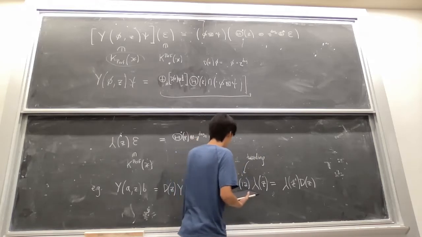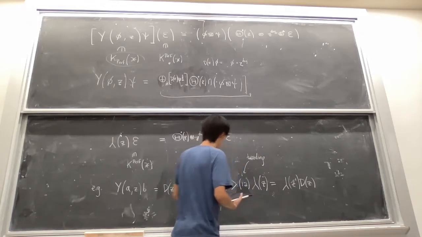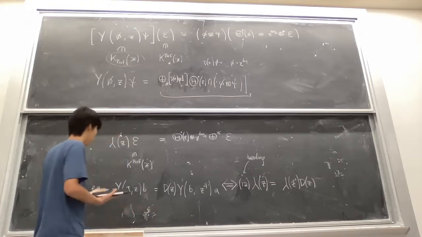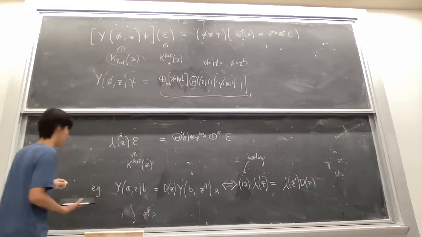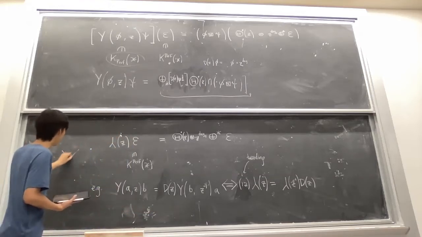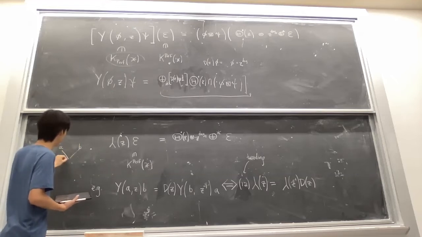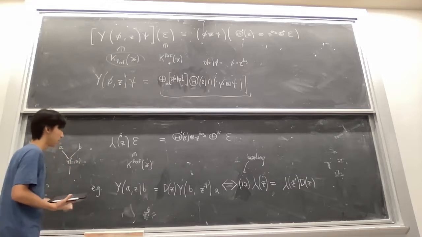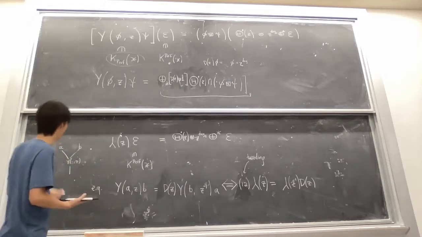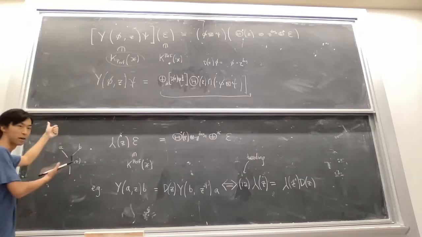So here I've written down the same kind of picture, which looks something like you ate A and B, and you have some vertex operation as a function of Z, and it spits out something. And on the other side, I've just read this picture in the opposite direction.